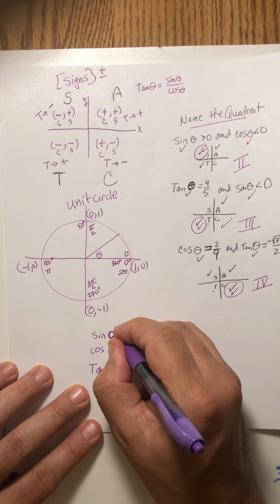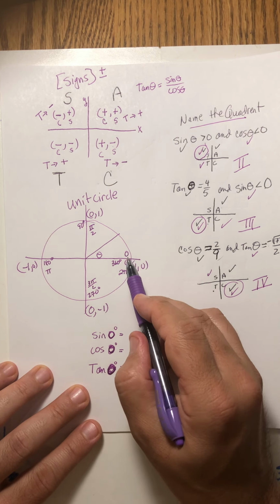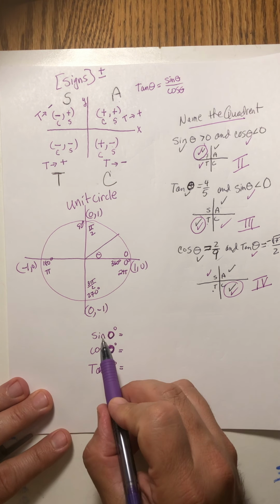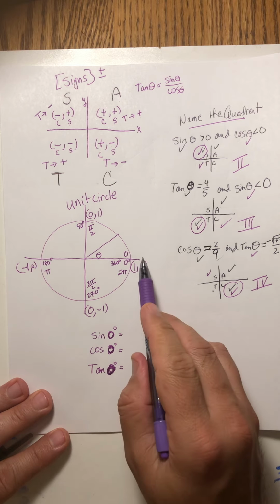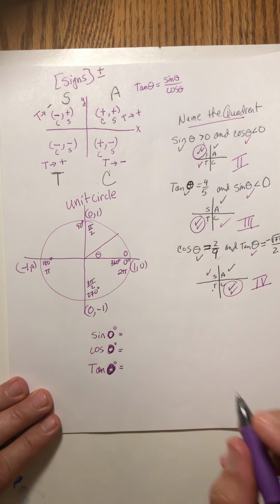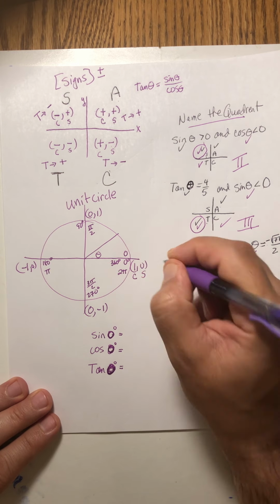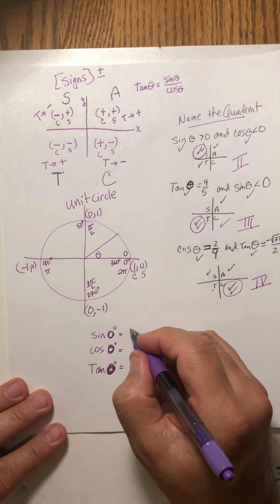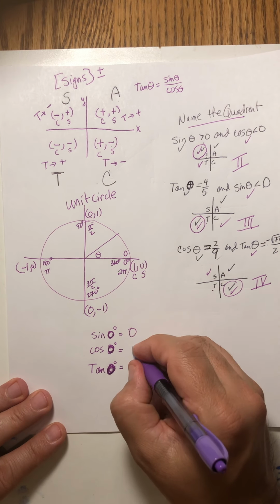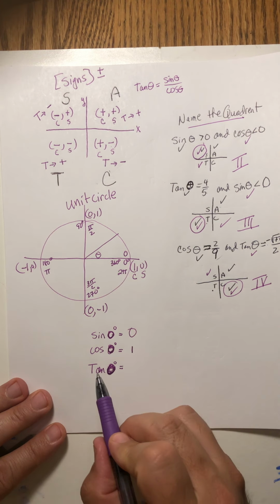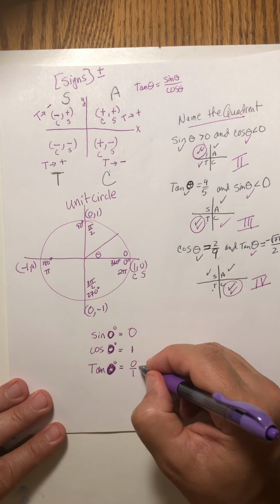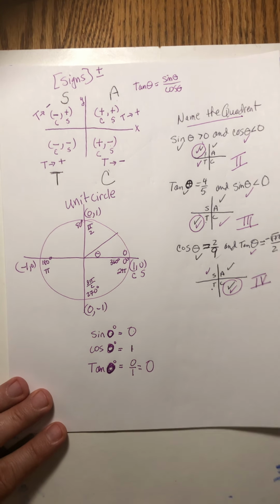That's 0 degrees, or 0 radians, the same thing. So, the sine of 0 degrees, or 0 radians, because that's where we start. Remember, here's your ordered pair: cosine, sine. Well, the sine is 0. The cosine is 1. And then the tangent is sine over cosine, 0 over 1, which is 0.